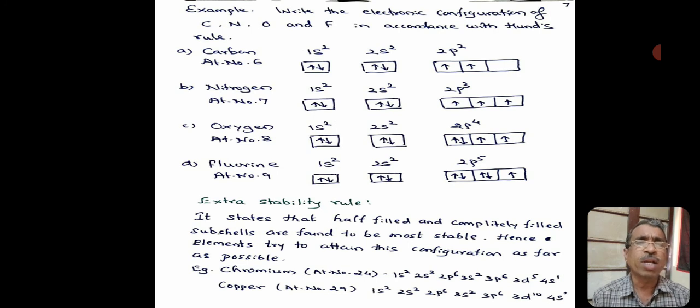Therefore, its electronic configuration becomes not 3d4 4s2, it becomes 3d5 4s1. Similarly, for copper, the outer electronic configuration will be 3d10 4s1, but it is not 3d9 4s2. Once again, the explanation for this is the extra stability rule.